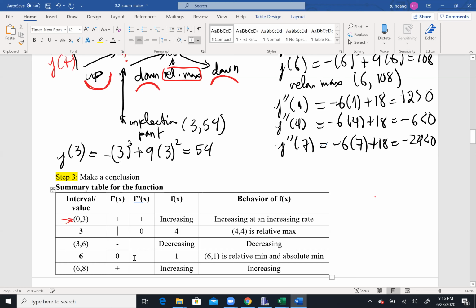I know this here is positive. So f(3) in this case is 54, and then I know that (3, 54) is going to be the inflection point.